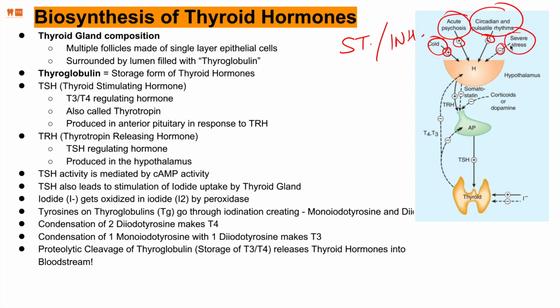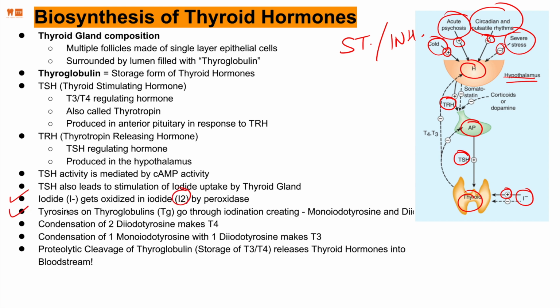It says severe stress is going to stop the production of all of the following steps. In the hypothalamus, there is TRH, thyroid releasing hormone, which goes to the anterior pituitary, where there is thyroid stimulating hormone, which goes to the thyroid. The thyroid positively says, iodide, please come inside, and then we'll go through oxidation by peroxidase into iodine, I2.